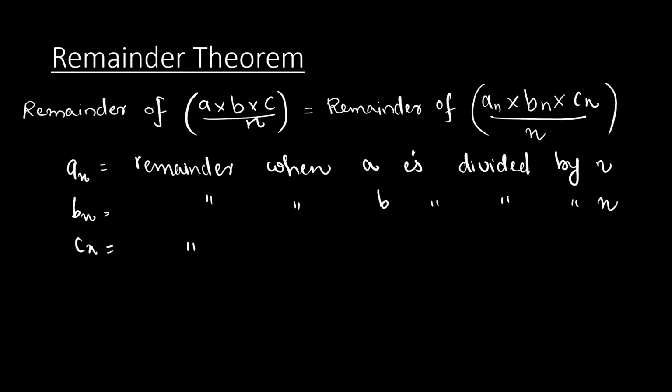Similarly, cn is the remainder when c is divided by n. So, this is the remainder theorem. The remainder of the expression a into b into c divided by n is equal to the remainder of the expression an into bn into cn divided by n, where an, bn and cn are the remainders when a, b, c are divided by n respectively. So, we will see this theorem with the help of an example.